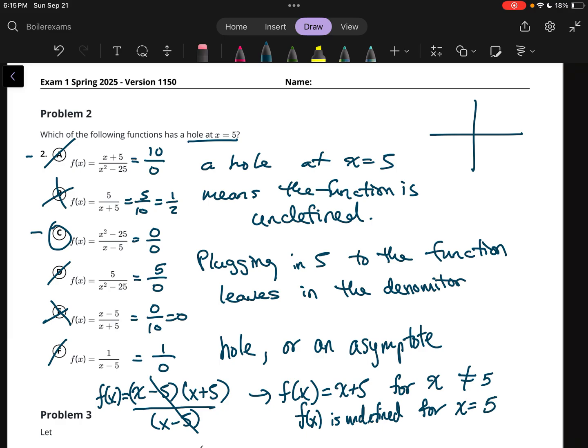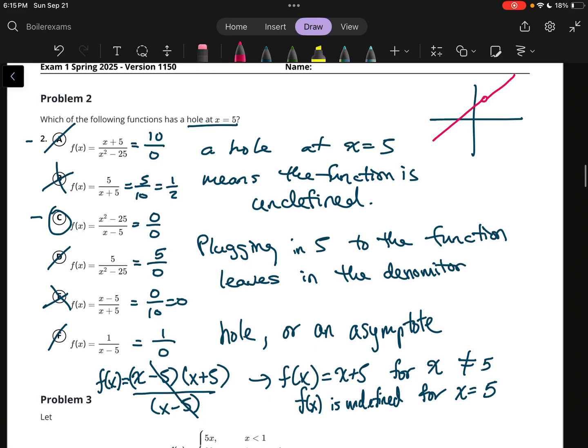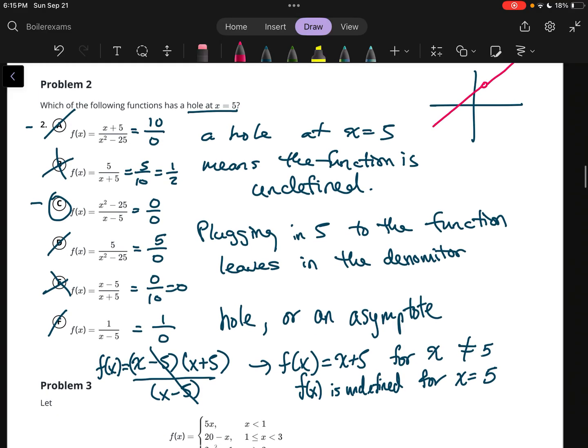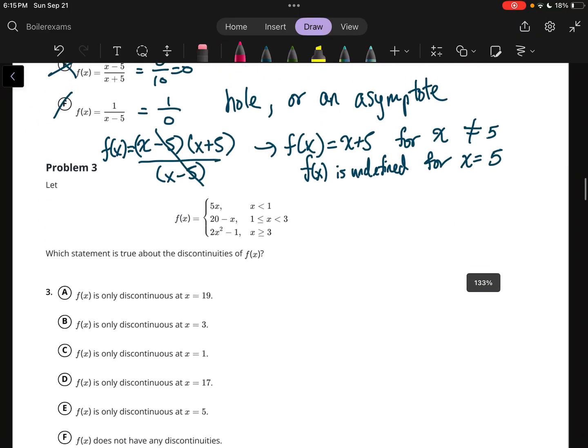So f of x is equal to x plus 5 for any x not equal to 5. So if I plot the function in answer choice C, I basically get something that looks almost like a line, except at x equals 5, there's a hole. Okay. All right, moving on to the next question.